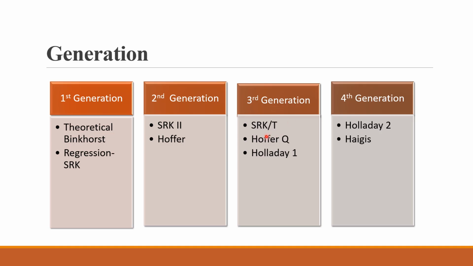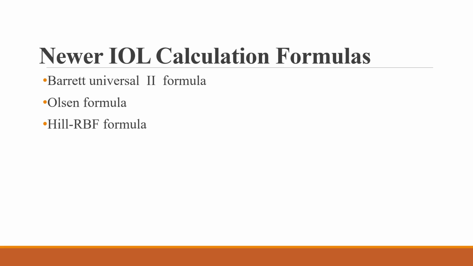Third generation: SRK/T, Hoffer Q and Holladay 1. And fourth generation: Holladay 2 and Haigis. We also have some newer IOL calculation formulas: the Barrett Universal II formula, Olsen formula, and Hill-RBF formula.